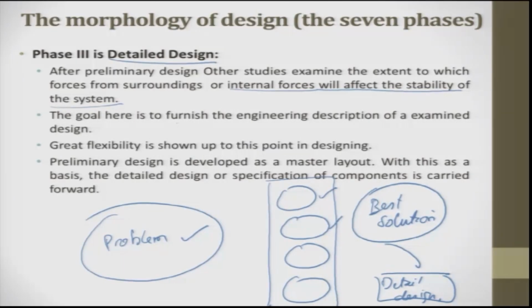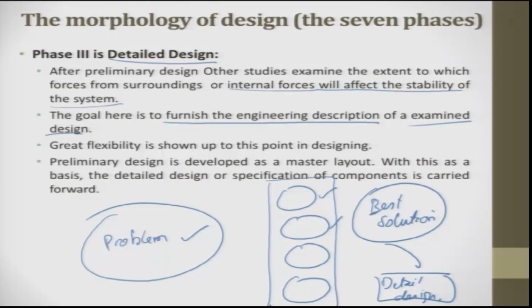So, the goal here is to furnish the engineering description of the examined design. Till now, you have not talked about the engineering design. Engineering design helps you to move forward towards a manufacturing process decision or look forward for manufacturing feasibility.